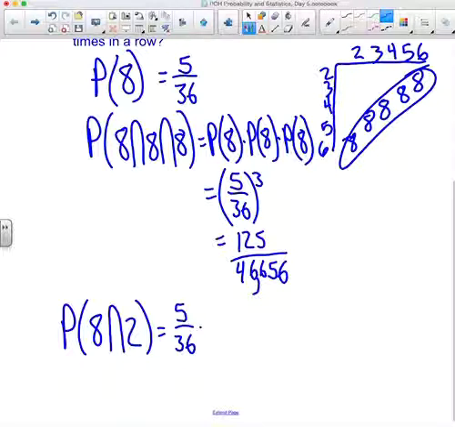The probability of rolling a 2 was 1 out of 36. Okay? So we have 5 over 36 times 36, which is 1296. So 5 out of 1296. So it works with any independent events, not just the same one repeating.